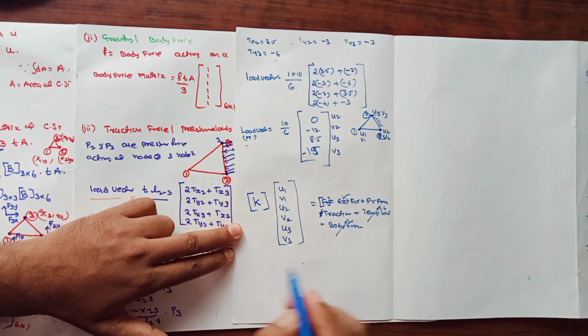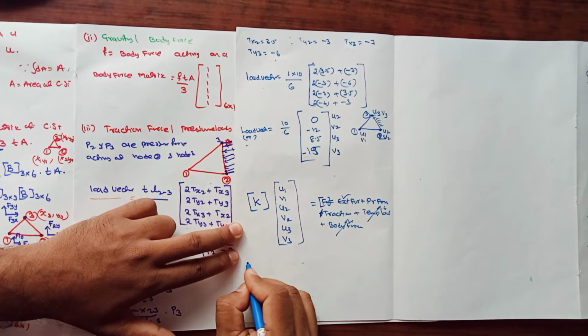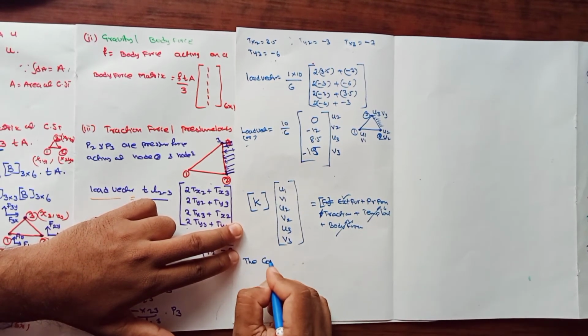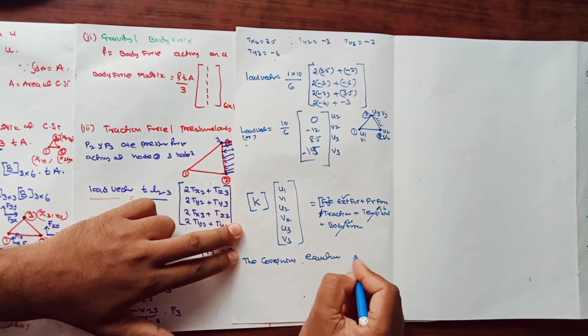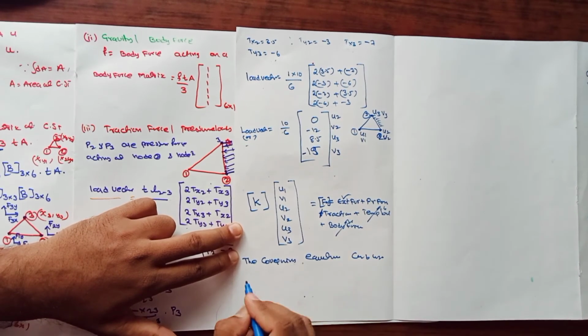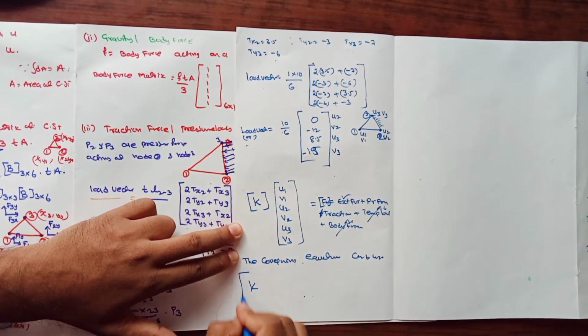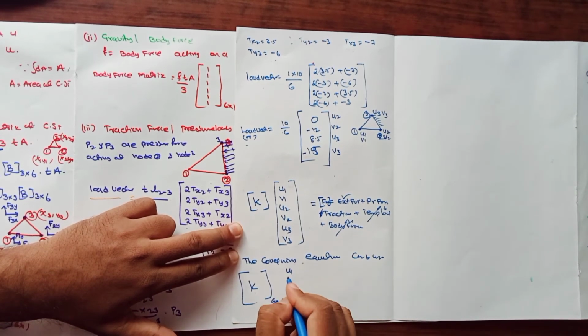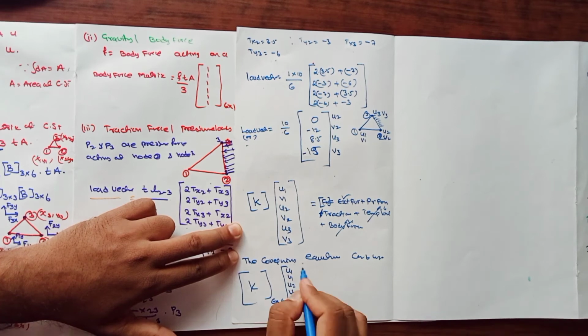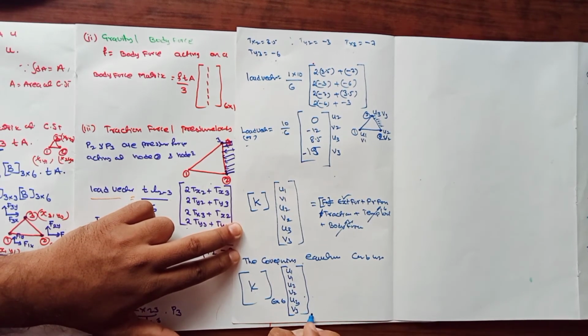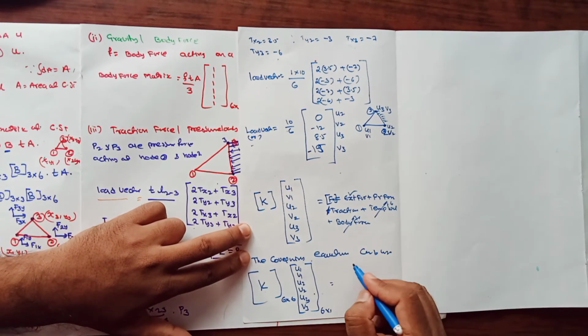So therefore in this one the governing equation can be written as: the global stiffness matrix, that would be 6 by 6, times the global displacement vector u1 v1 u2 v2 and u3 v3, which is 6 rows and 1 column, and this must be equal to the global force vector.